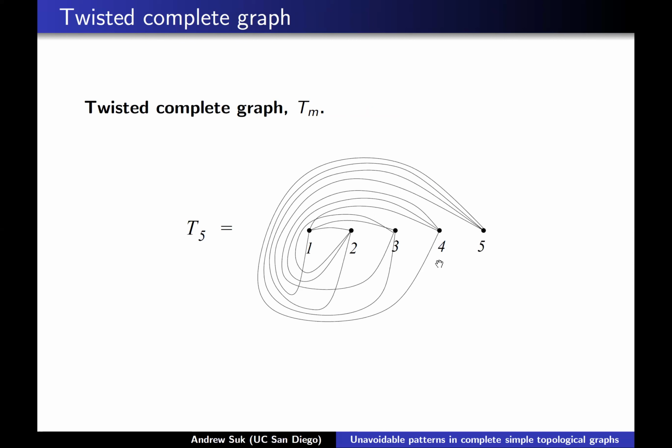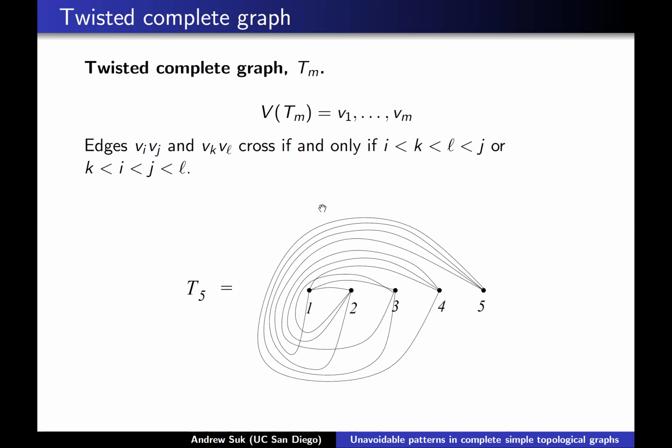But actually, this thing here does have a nice combinatorial description, which is that you can order the vertices V1 through Vm such that in the complete twisted graph, two edges ViVj and VkVl will cross exactly when the intervals ij and kl are nested.